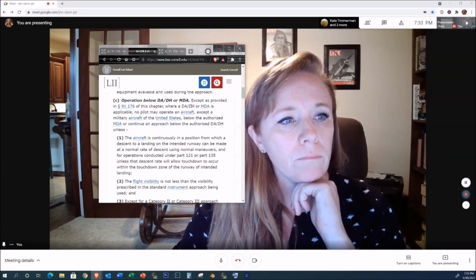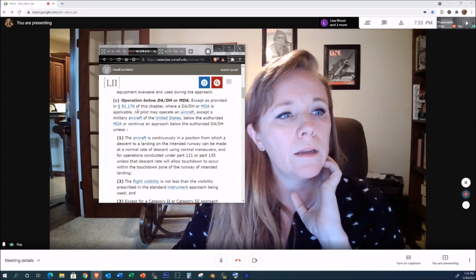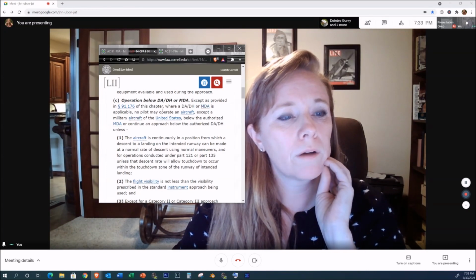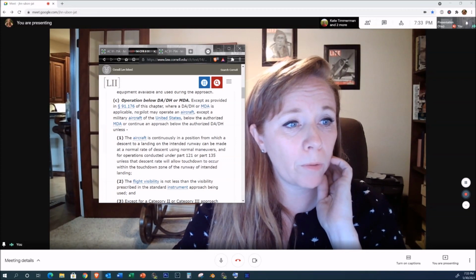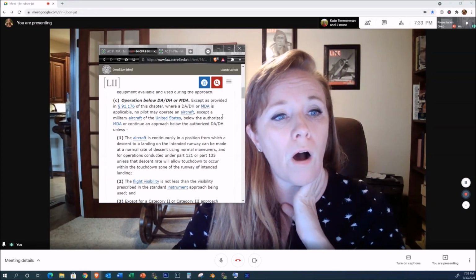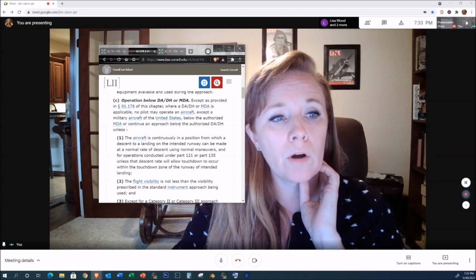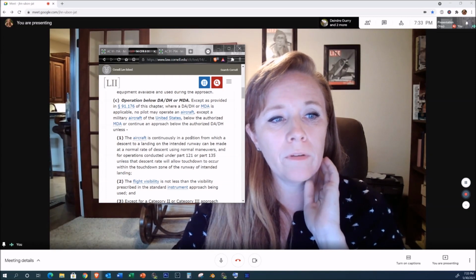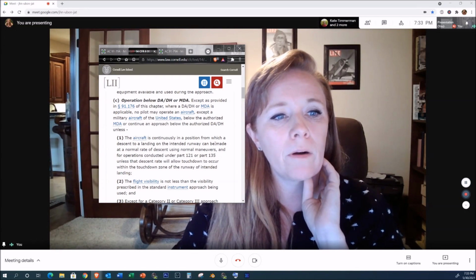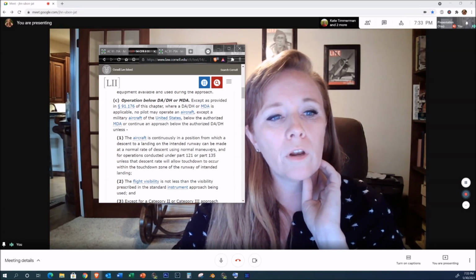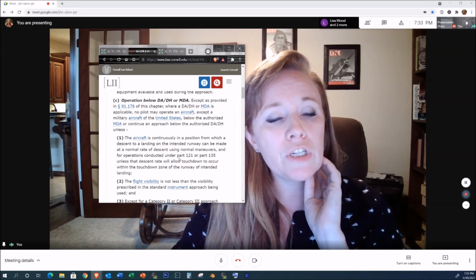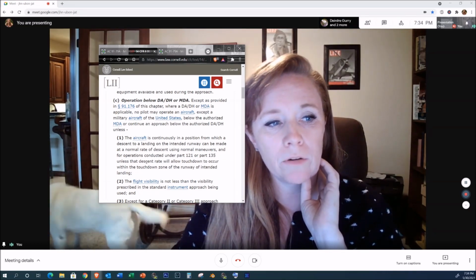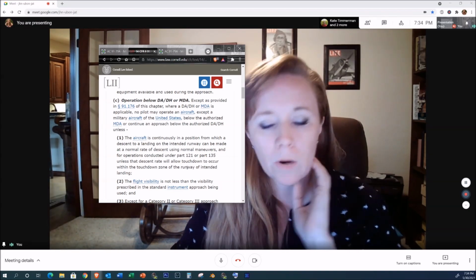And it says, except as provided in 91.176 of this chapter, where a decision altitude or decision height or MDA is applicable, no pilot may operate below the authorized MDA or continue an approach below the authorized decision height, decision altitude, unless the aircraft is continuously in a position from which a descent to landing on the intended runway can be made at a normal rate of descent using normal maneuvers, and for operations conducted under Part 121 and Part 135, unless that descent rate will allow touchdown to occur within the touchdown zone of the runway.